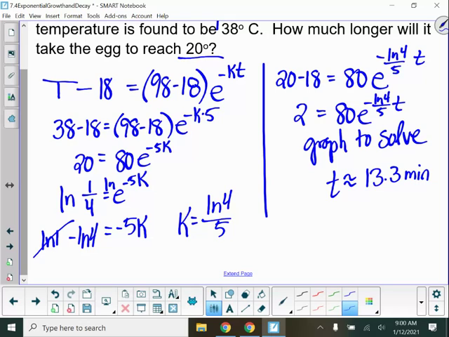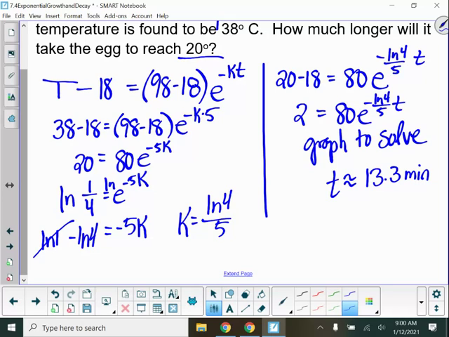So notice it says how much longer will it take the egg to reach 20 degrees. We had that 5 minutes initially. It's going to take 13.3 minutes to reach the 20 degrees that we're looking at.